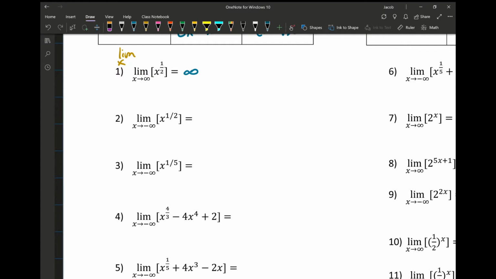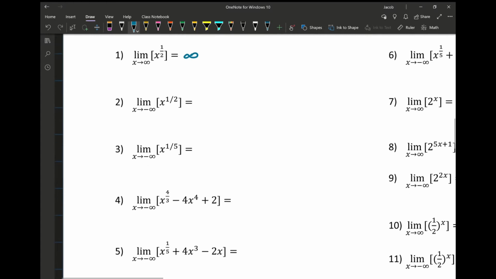So if I were to write something like infinity to the right, that doesn't make any sense. There's not a right side to infinity. That would just be infinity. So there's no such thing as a right or left-hand limit with infinite limits. So we're just looking at what is the end behavior, where is this graph trending?